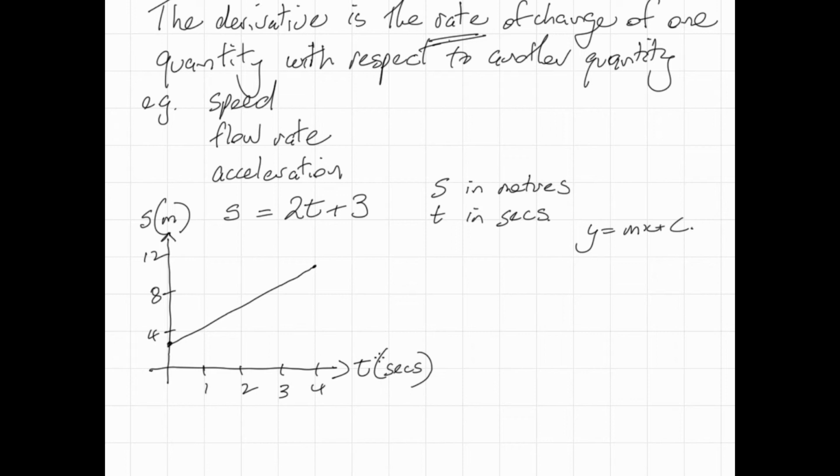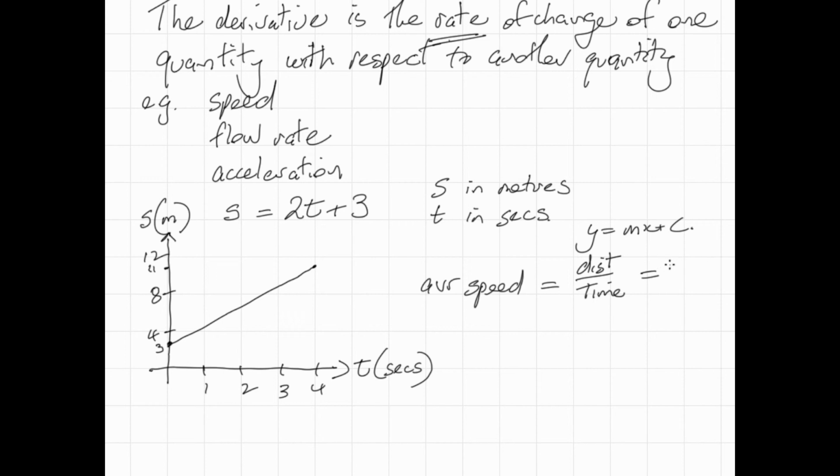Now, if we wanted to know the average speed for the first 4 seconds, it'll be just distance over time. And we know that it has travelled from 3 up to 11, so that point there will be 11, and this point here will be 3.